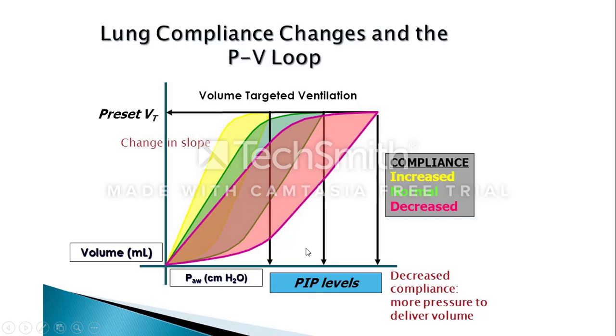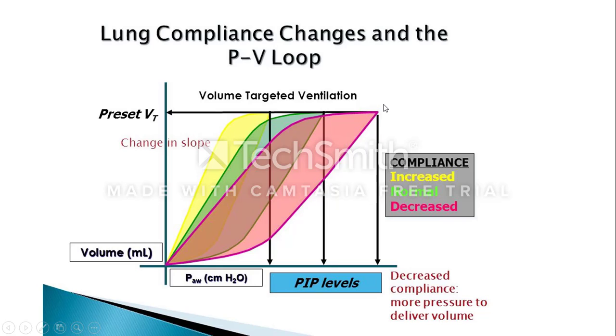Now, we can tell a lot of things by looking at these loops. This is a normal condition in the middle here, but you can see that the loop starts to lay down or go to the right as the compliance decreases, showing you that it's taking more pressure to get in that volume.